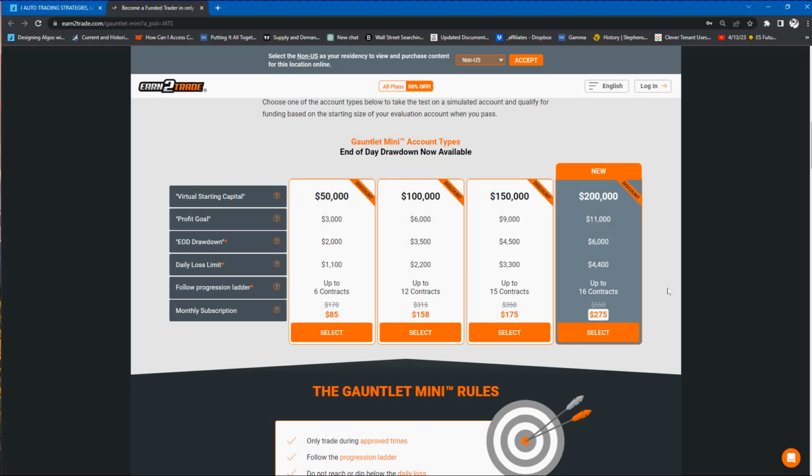You can learn to trade to hit the base, right? You want base hits. You can go in there and use their progression ladder to scale in and scale out. Definitely have a strategy in mind so that you're not hitting the daily loss limit or your end of day drawdown, and close your positions on a regular basis if you're day trading.